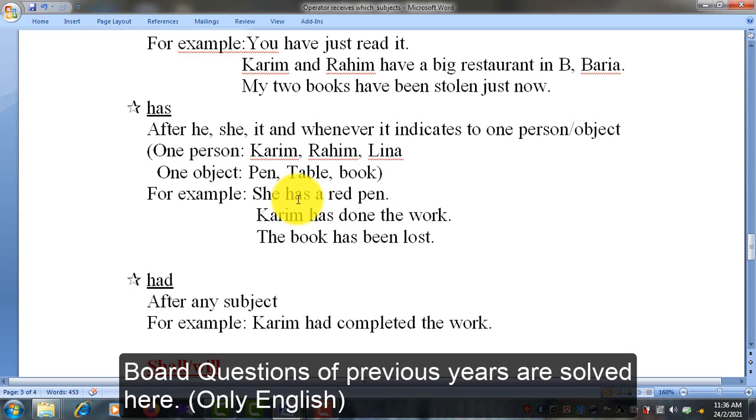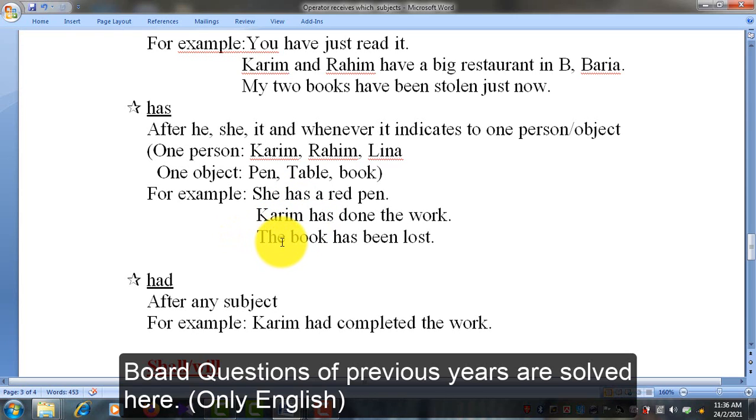The operator called has is used after the subject she. Another example, Karim has done the work. Look at the example. Here the operator has been used after one person like Karim.